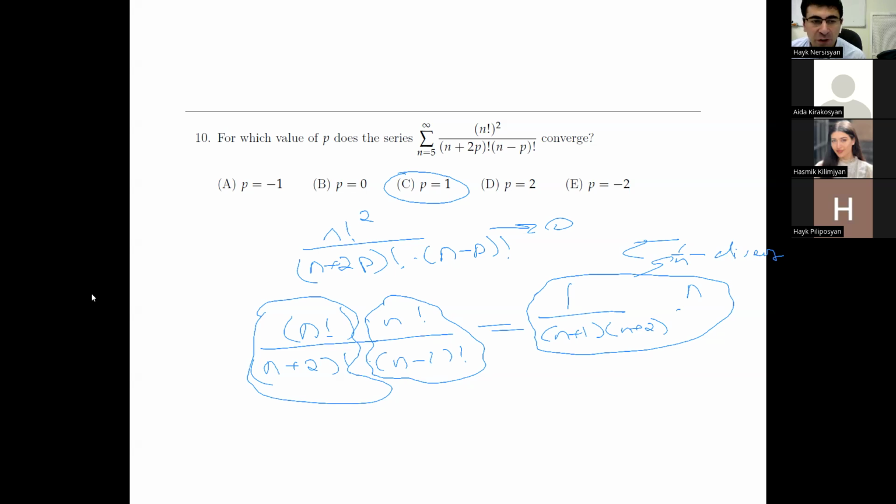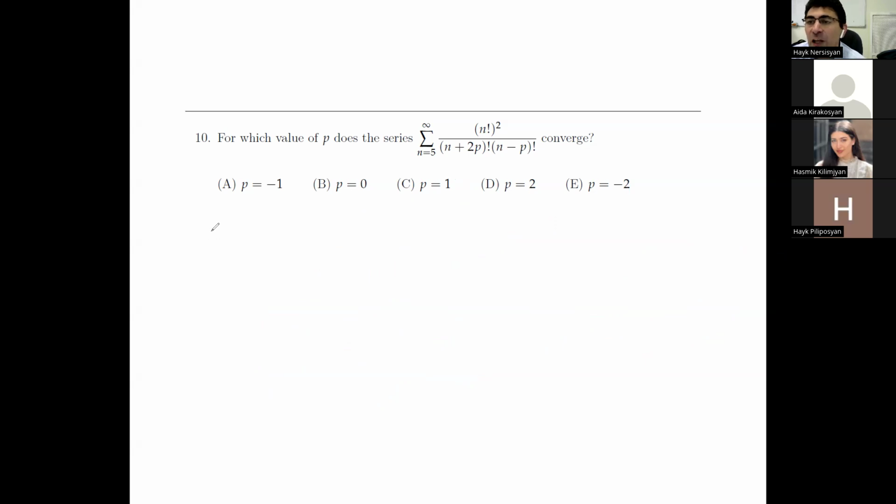So being motivated by this calculation, we can try to do the calculation for any general p. So n factorial divided by n plus 2p factorial, times n factorial divided by n minus p factorial. If we simplify as we did previously, the second term, n factorial divided by n minus p factorial, gives n minus p plus 1, n minus p plus 2, etc., up to n.